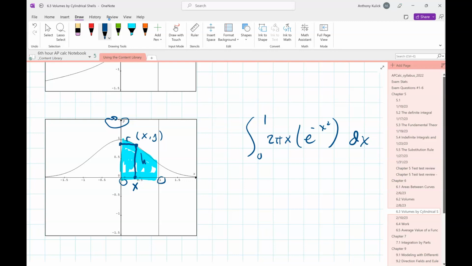What are you going to have to use to integrate this? Got to be a u sub problem. Where did e to the negative x squared come from? That's the value for y, the given function. This was just x comma e to the negative x squared.